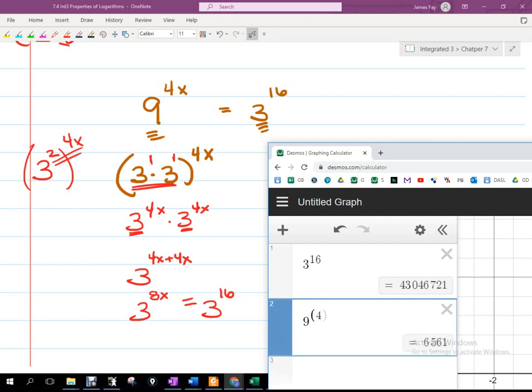Now I can just type it in as 8 if I wanted to. But does that give me those two things to be the same? 3 to the 16, the same thing as 9 raised to the 8? All right, so that's the idea that we get when we talk about changing one of our bases so that they're both the same.